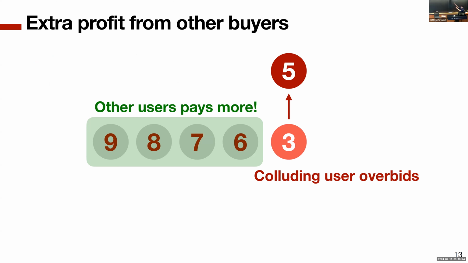Let's take the second price auction as an example. If you ask the colluding user to bid more, why does your joint utility increase? Because everyone else has to pay $2 more. So the increment comes from other users, and we call it stealing from other users.